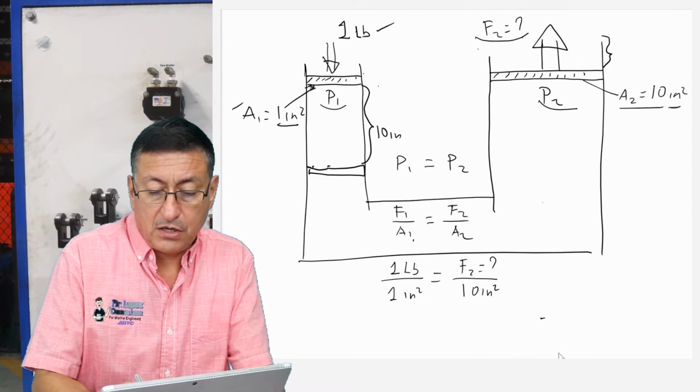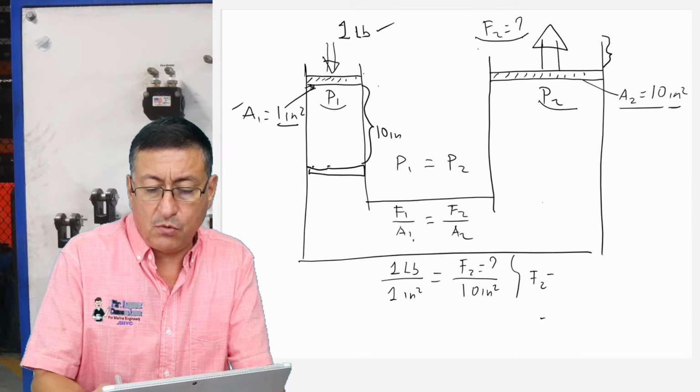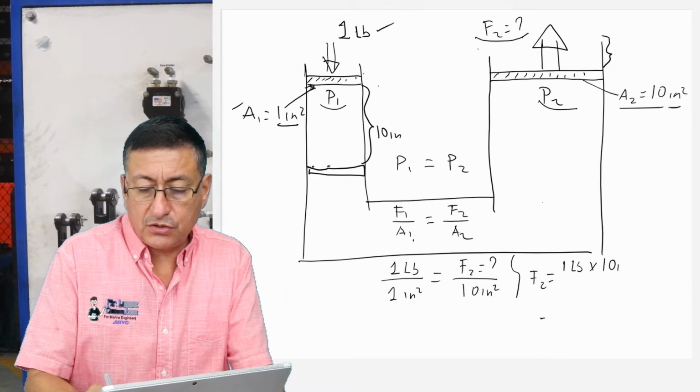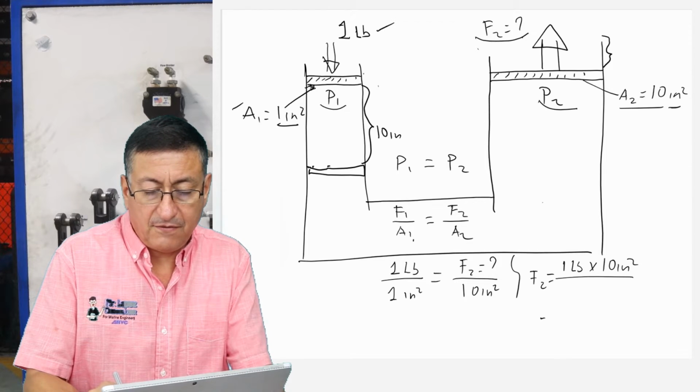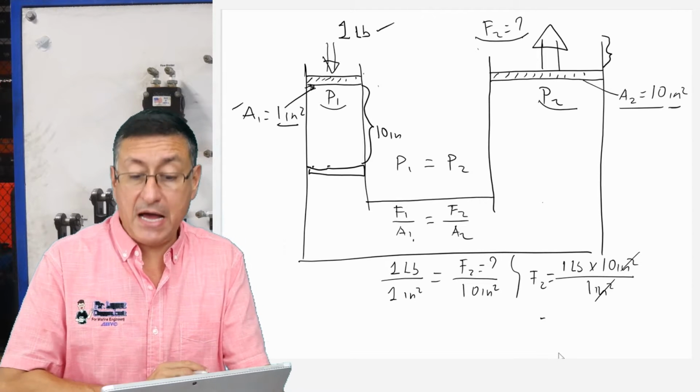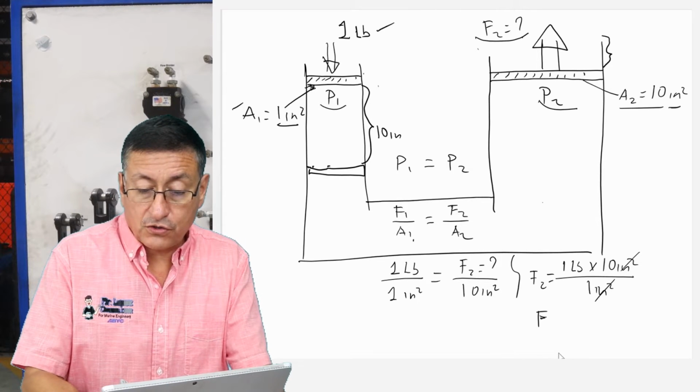Right now it's too simple, because the force number 2 should be equal to 1 pound times 10 square inches divided by 1 square inch. Square inches cancel with square inches, and the force number 2 is equal to 10 pounds.